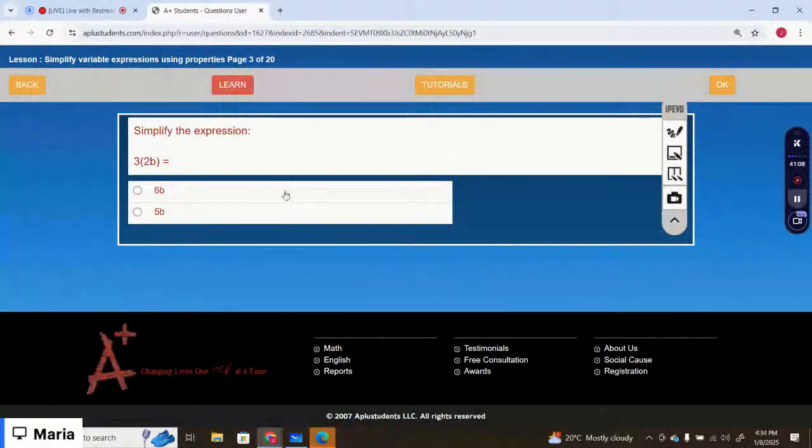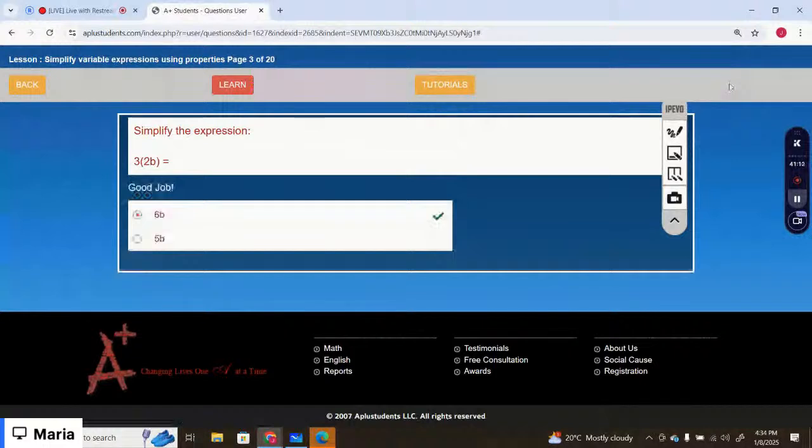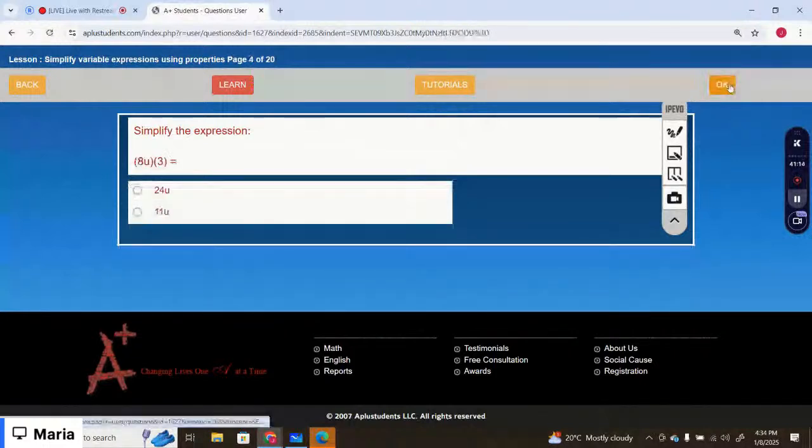Option number 1 is the correct option. Simplify the expression 8u times 3. So which is the correct option? 8 times 3 is 24. So the correct option is option number 1, 24u.